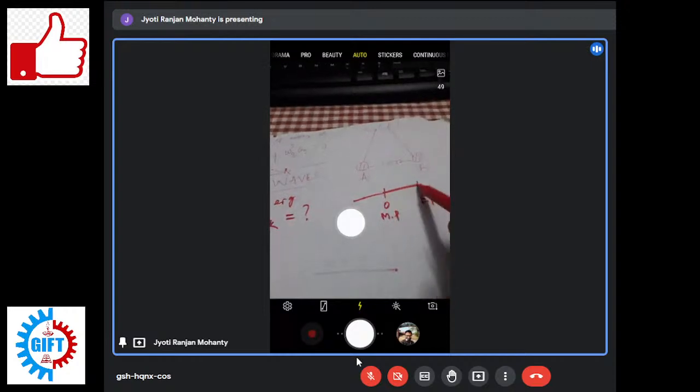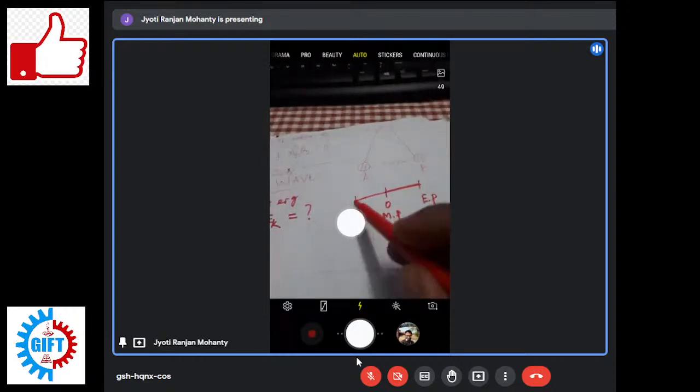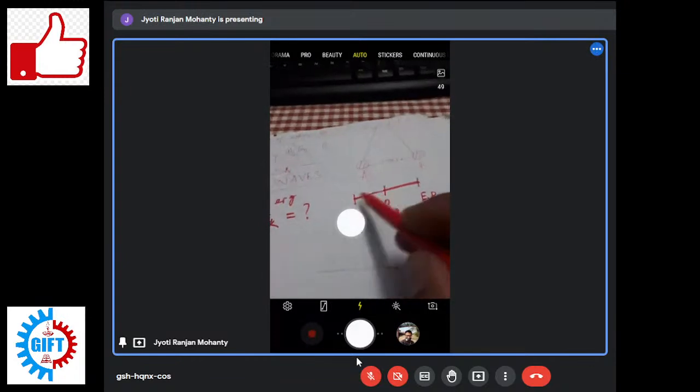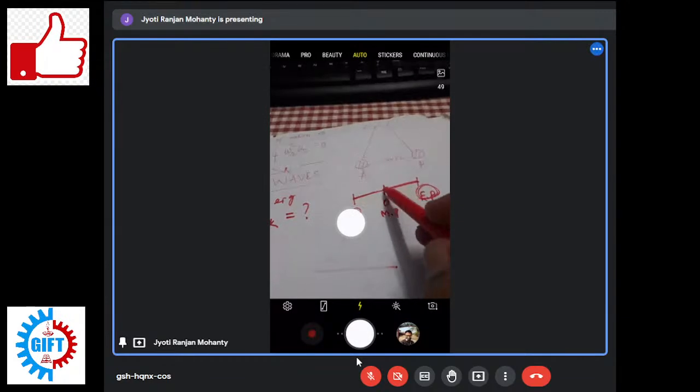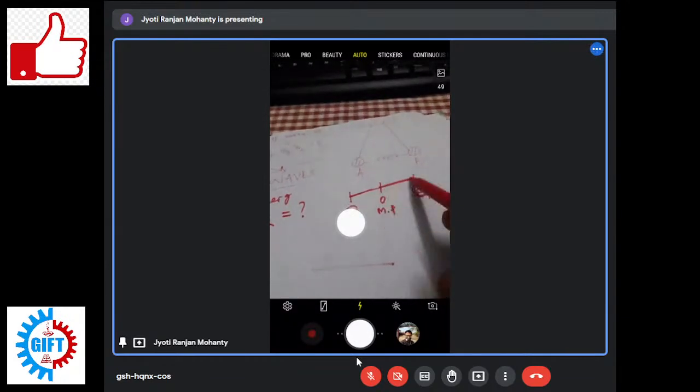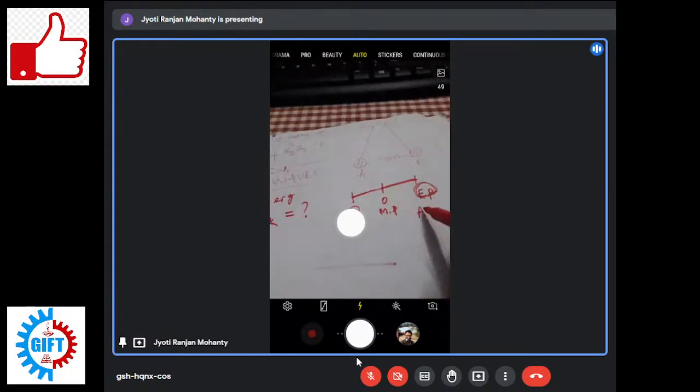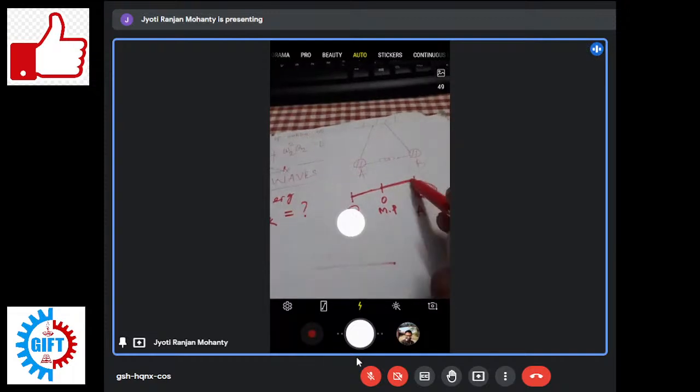That distance is known as A, the amplitude.